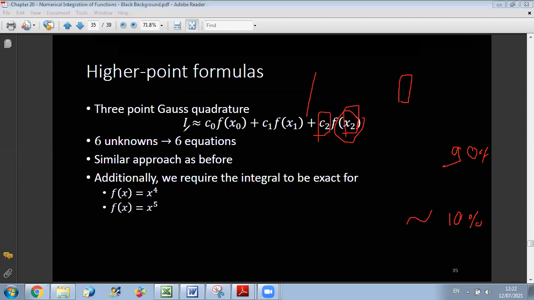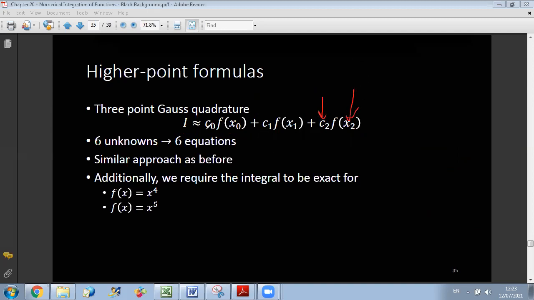So instead of just writing your integral as C0 f(x0) plus C1 f(x1), you will write it now as C0 f(x0) plus C1 f(x1) plus C2 f(x2). And since you have the freedom to select your points in a way to give you the optimal result, you will add 2 equations.